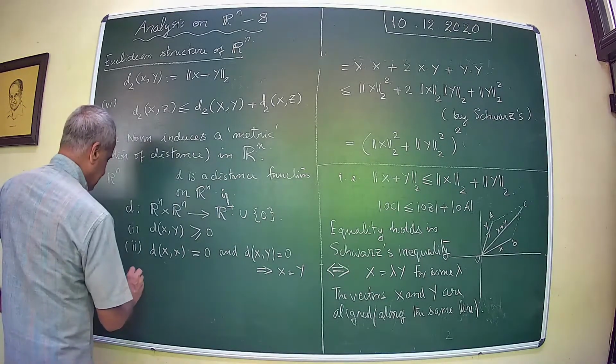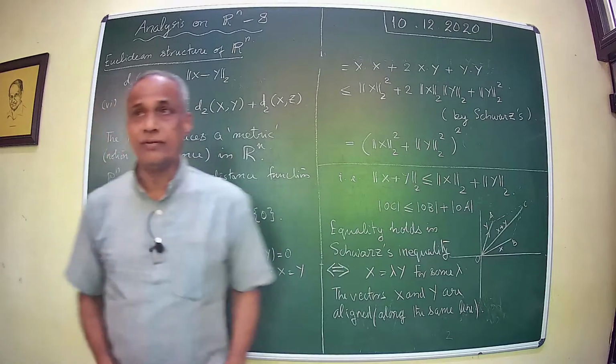The third property is that d of x, y is equal to d of y, x.